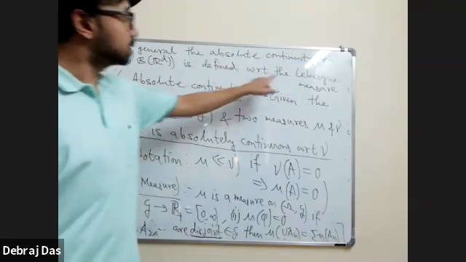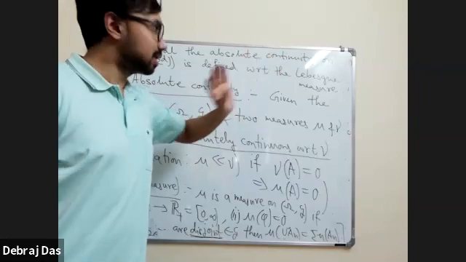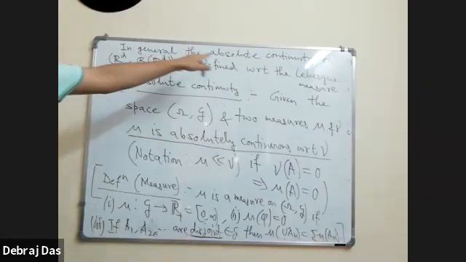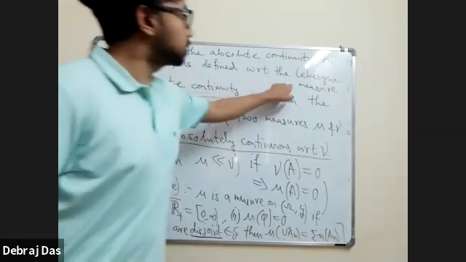In the case of a PDF, it's the Lebesgue measure. In the case of a PMF, it's the counting measure. There is another measure called the counting measure. So in general, absolute continuity on R^d, or specifically on R, is defined with respect to the Lebesgue measure.